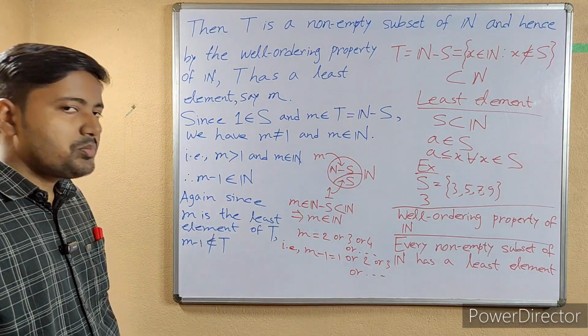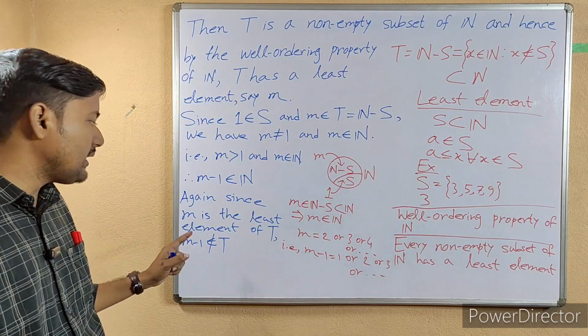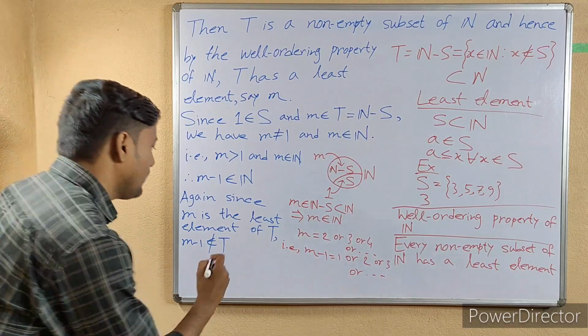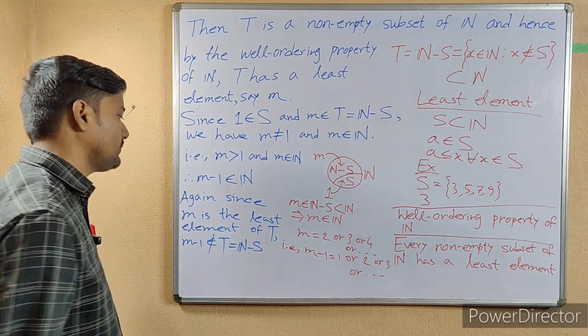Since m is the least element of T, m is the lowest number of T, but m minus 1 is less than m, so m minus 1 does not belong to T. And T is what? T is equal to n minus S.